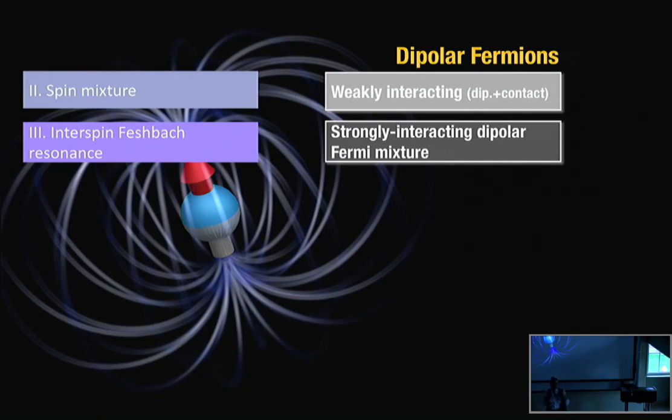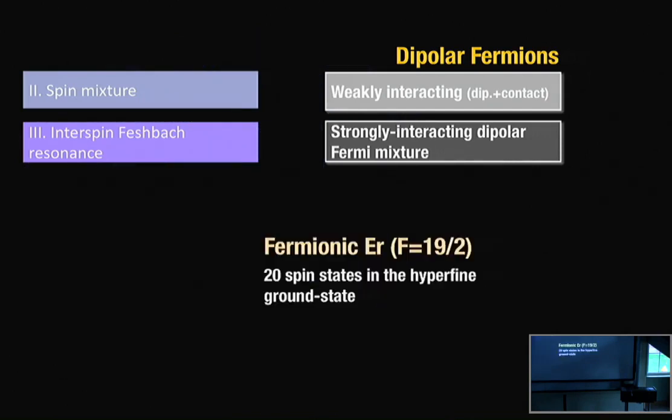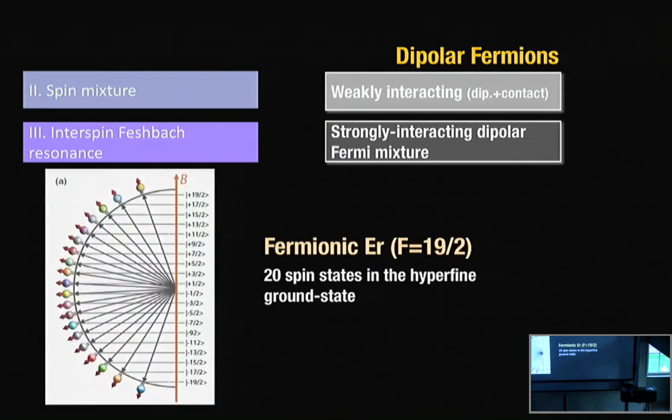That means that the quantum numbers in the system, the orbital momentum quantum number, are all very large. So as a result, erbium realizes a system in which in the ground state, the spin is really gigantic. Indeed, it is a spin 19/2 system, meaning that you have 20 spin states in the ground state.